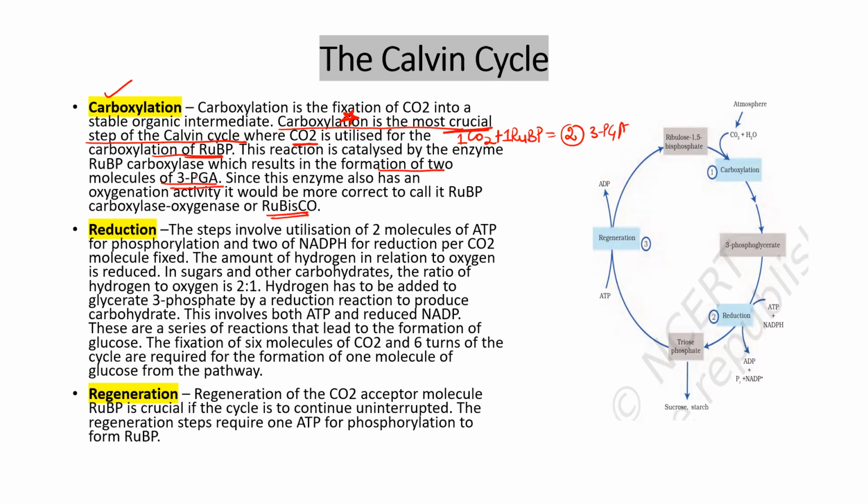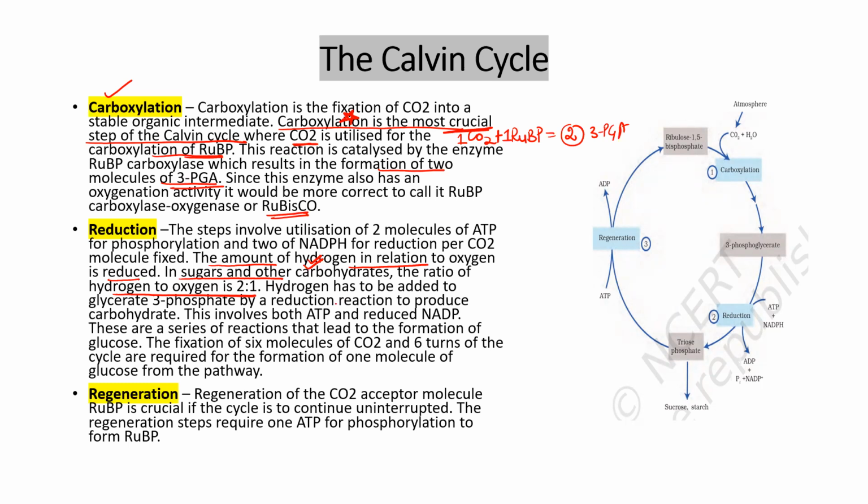Now this acid has more oxygen, or you can say it has less hydrogen, as compared to a carbohydrate. The amount of hydrogen in relation to oxygen is reduced. In sugar and other carbohydrates, the ratio of hydrogen to oxygen is 2:1. Here we find hydrogen is reduced because it is PGA. So we now need to do the reduction.